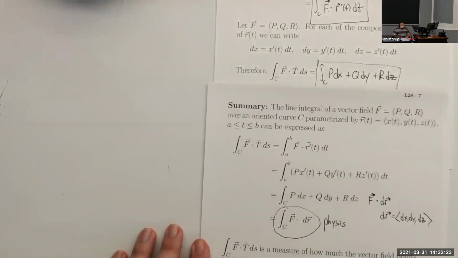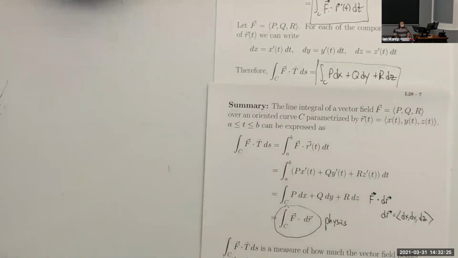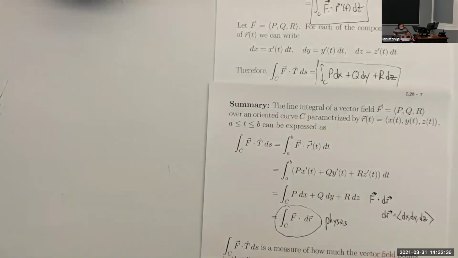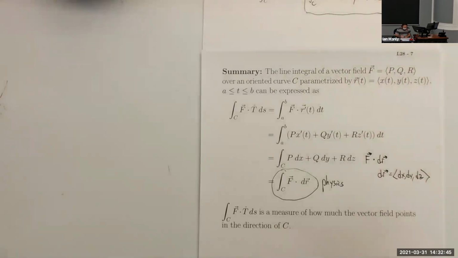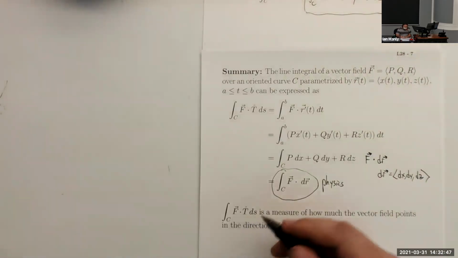Now, what do line integrals represent? So these scalar line integrals represent the area under this curtain that we drew. What do the vector line integrals represent? This line integral is a measure of how much the vector field points in the direction of C. Okay, so what does that mean? So let's think about the dot product, right?